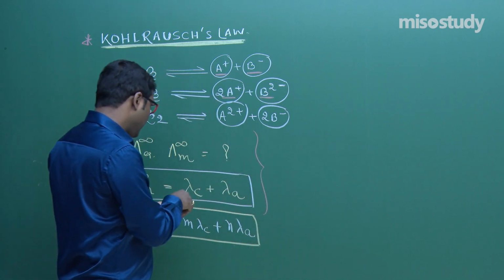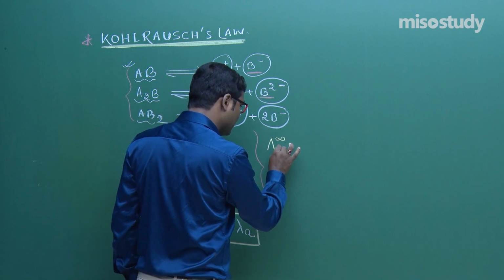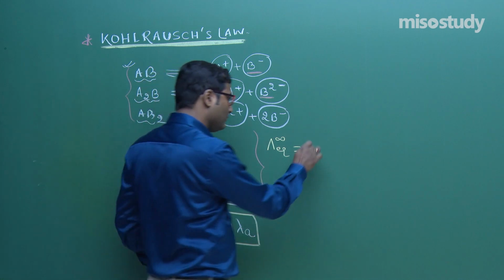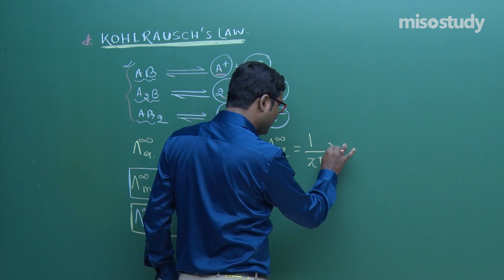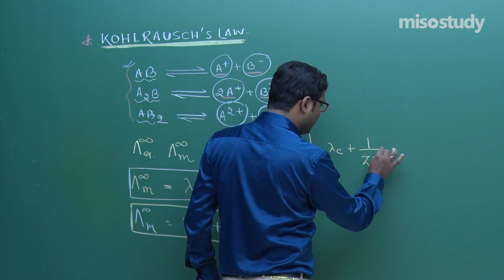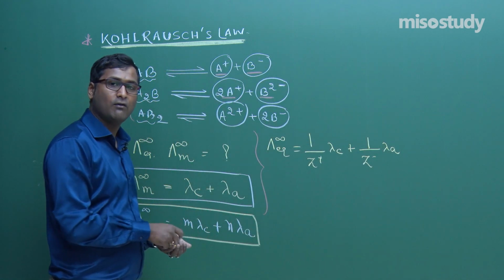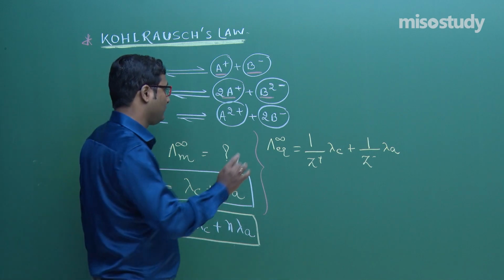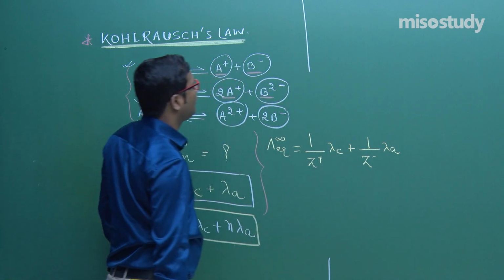Similarly, the equivalent conductance at infinite dilution, this is the symbol, is 1 upon Z plus lambda cation plus 1 upon Z minus lambda anion. That is the case of Kohlrausch's law. We'll discuss one by one. Don't worry, if you have any doubt, I will clear all your doubts.